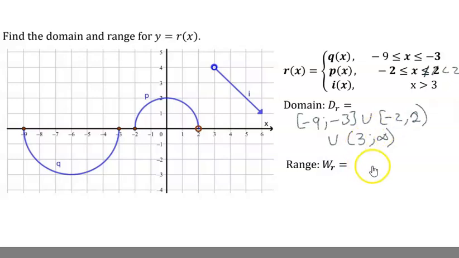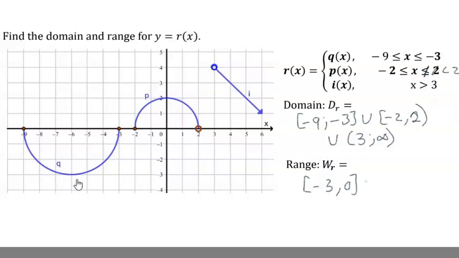Okay, let us look at the range. If I look at the range of Q, the semicircle, it will have its minimum here at -6, which is -3. So it will start at -3 up to 0. That's on the x-axis.